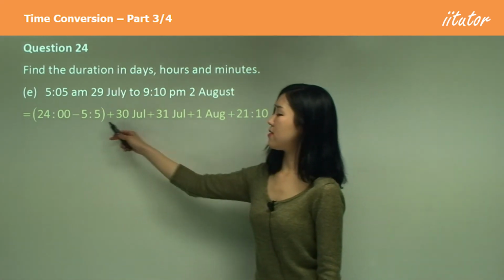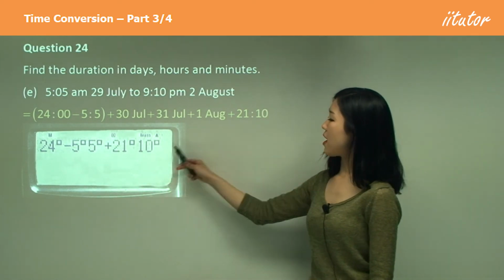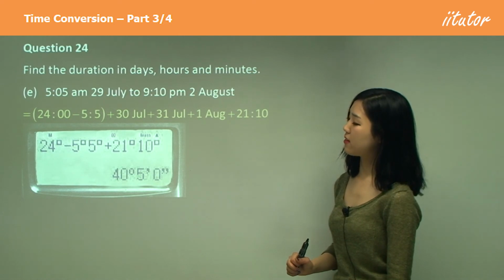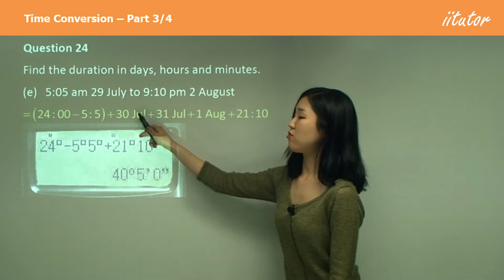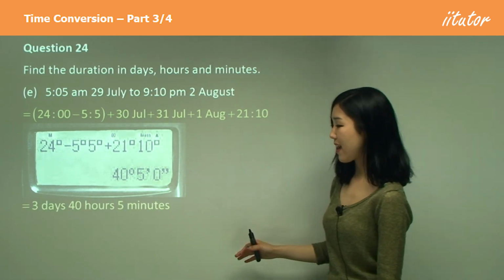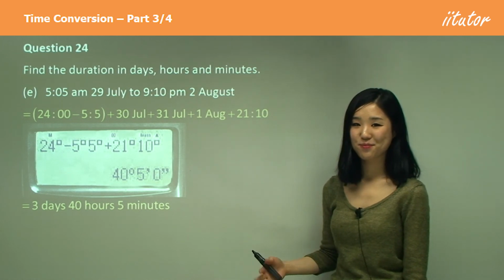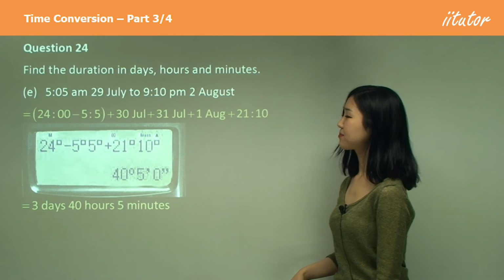So I'll put this and this in the calculator. 24 minus 5:05, and then we add on 21:10, which will give you something like this, 40 hours and 5 minutes. And then we have 3 extra days in between, so 3 days, 40 hours and 5 minutes is the duration. Okay? Hope you get the idea of this now.